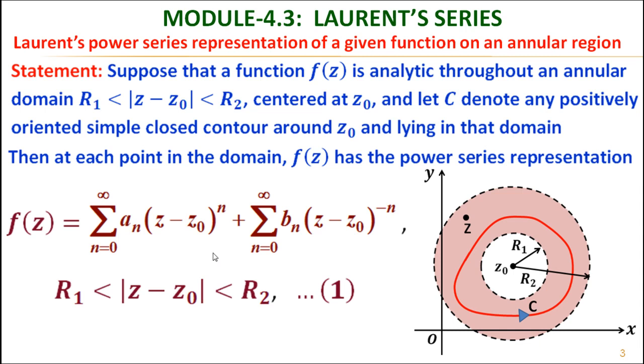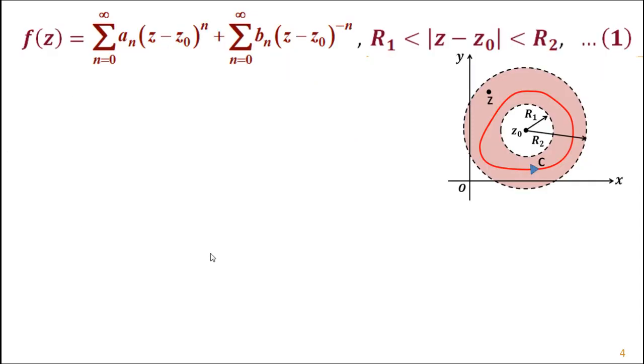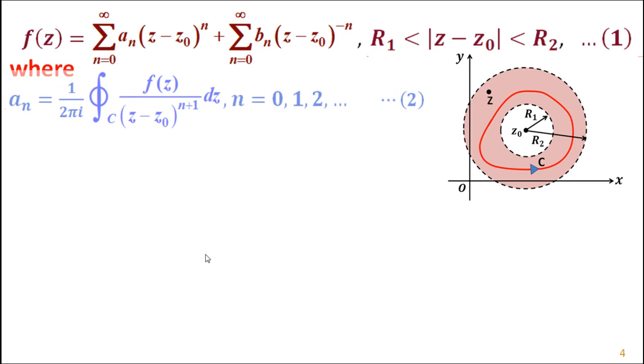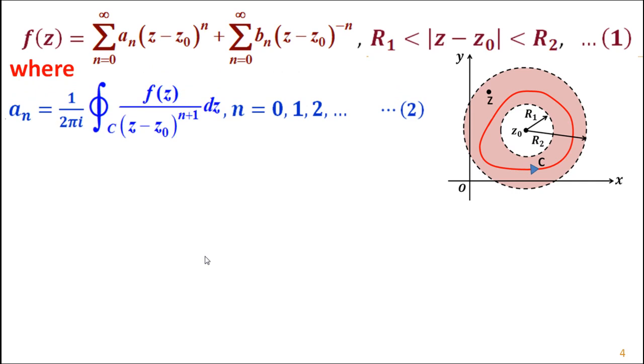Here the coefficients an and bn are given by an is equal to 1 by 2 pi i times the integral over C of f of z by z minus z0 whole to the power of n plus 1 dz, where n runs from 0, 1, 2 and so on.